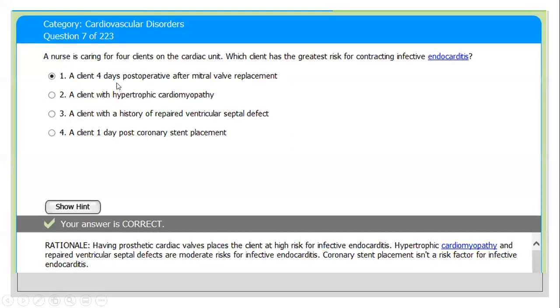Definitely the patient who will stay a longer time in hospital, a client 4 days post-operative after valve replacement. So chance to get infection, right? The rationale said having prosthetic cardiac valves, because mitral valve replacement is called prosthetic valves, puts the client at risk for infective endocarditis, right?